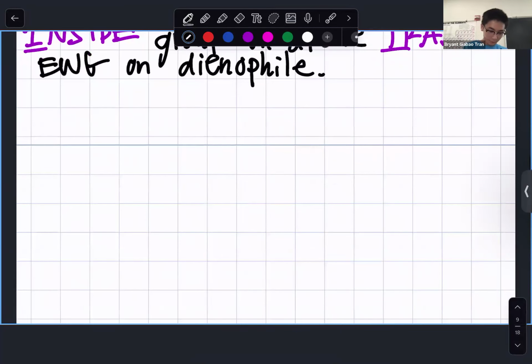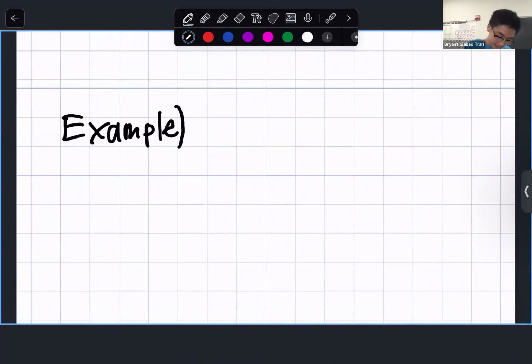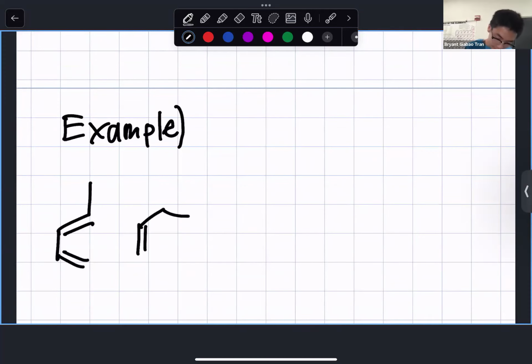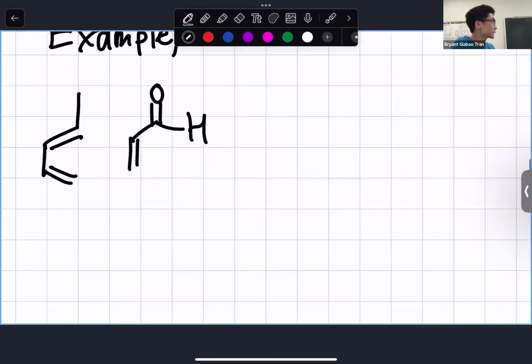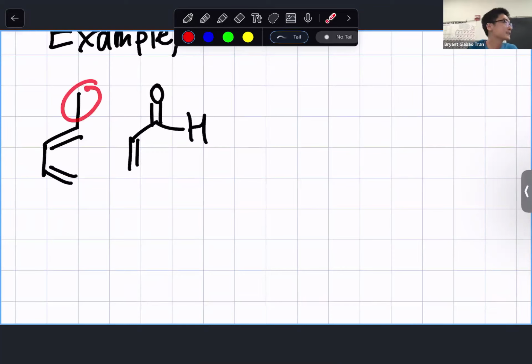Okay, example. Let's say we have this diene with that group on it, and let's say we have this dienophile with this group on it here. The first thing I do, always in Diels Alder, is figure out if my charges align. This is an R group, a methyl group, which we said is an EDG, right?